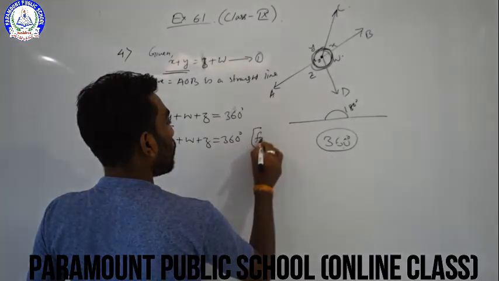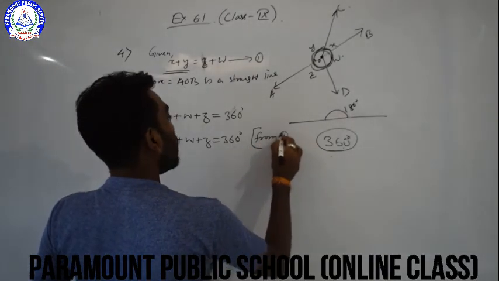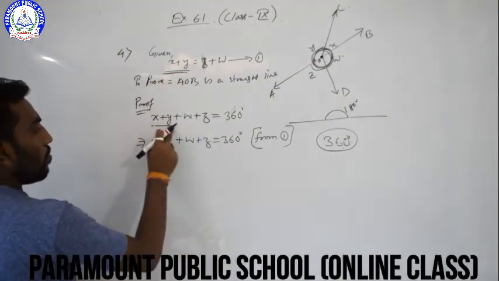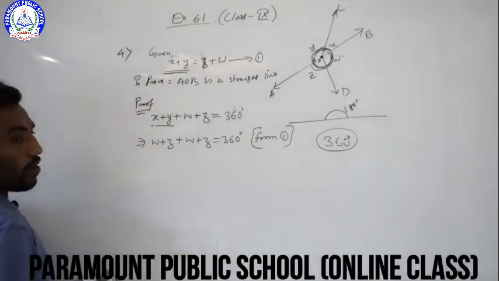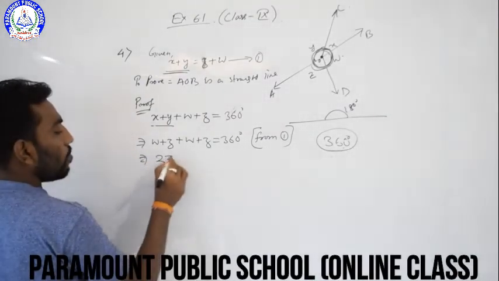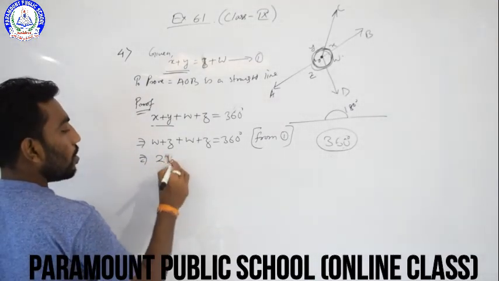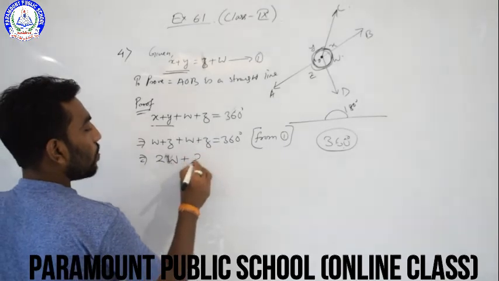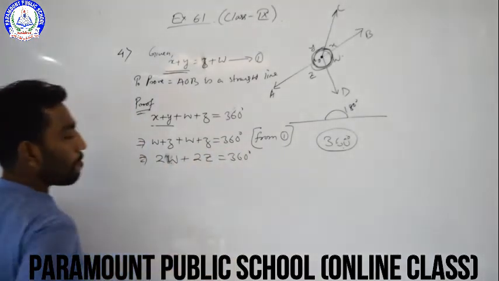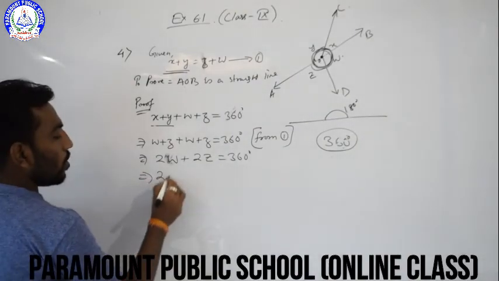And let me write it equation number 1. So from equation 1, x plus y is nothing but w plus z. So w plus w will become twice of w, and twice of z, is equal to 360 degree. So let me take 2 common out.